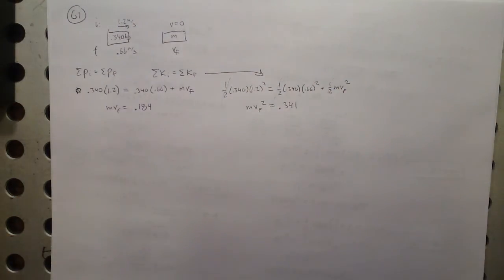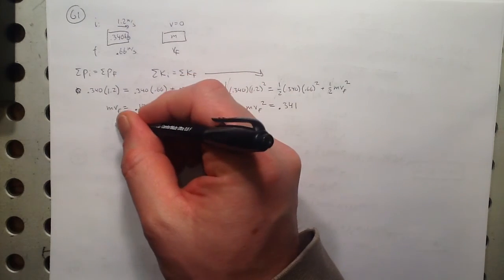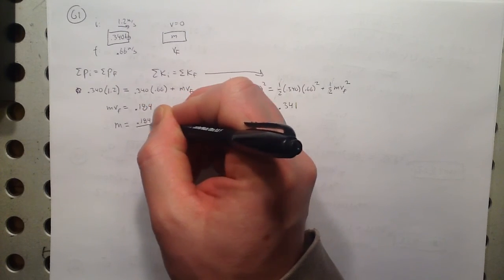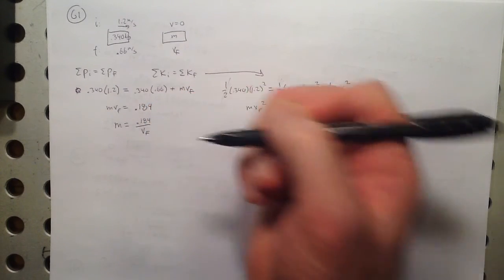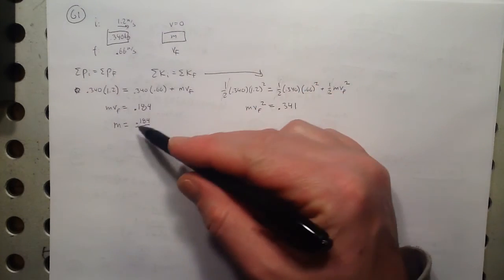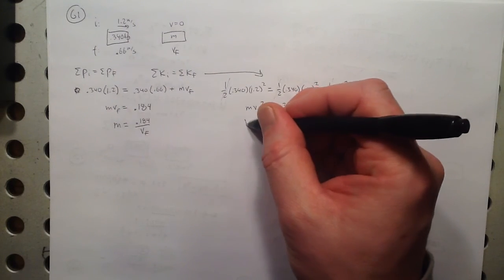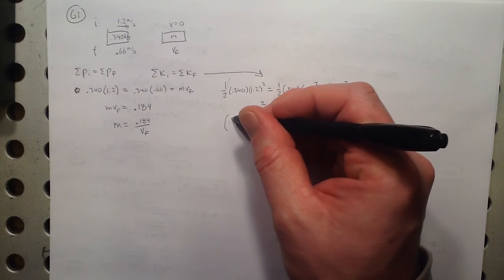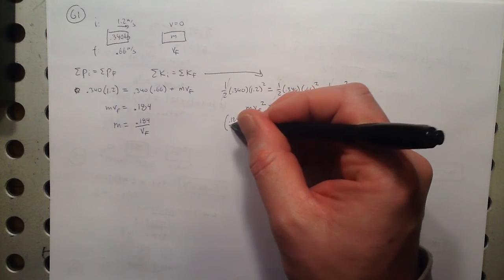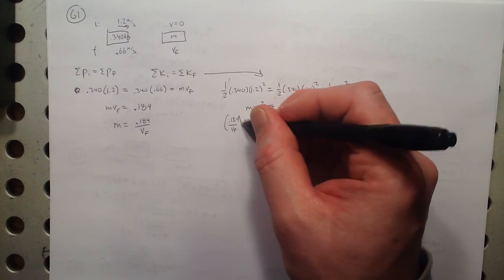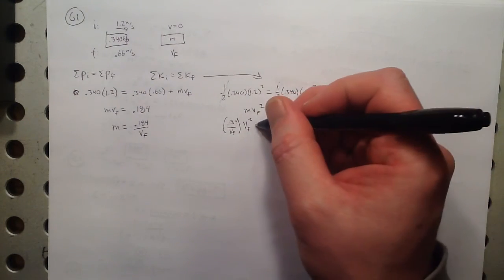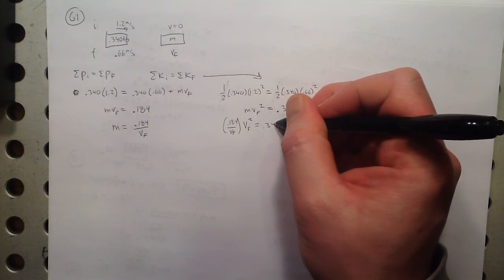So I've got a system, two equations, two variables. This seems like the easiest way to do it to my mind. I'm going to plug that in here. I might find part B first. So that would be 0.184 over VF. That's my mass, right? I'm doing algebra here. 0.341.